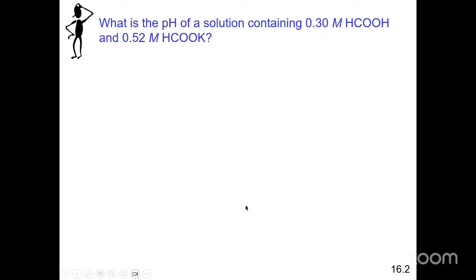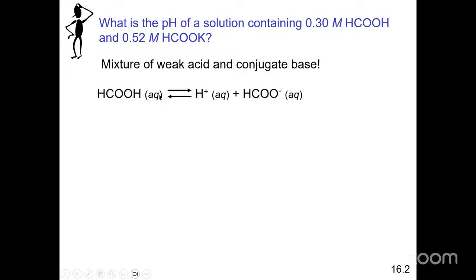Okay, so we can use that equation to calculate the pH of this solution right here, which is a mixture of formic acid, which is a weak acid, right? And potassium formate, which is the salt of that weak acid, all right? So as stated here, we identified it as a mixture of a weak acid and its conjugate base, right?